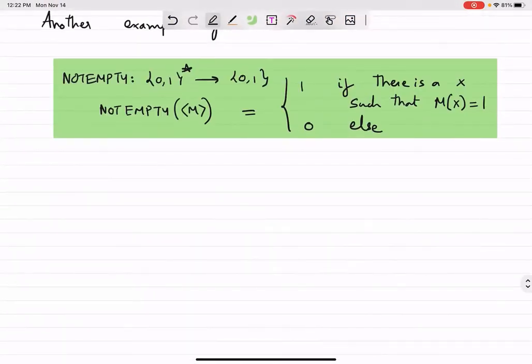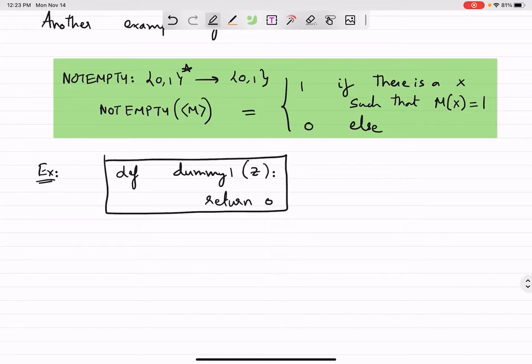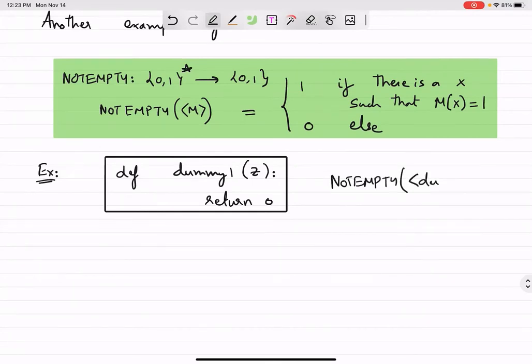Okay, so coming back. For instance, let's say my program is def dummy1 of x: return 0. What is not empty of dummy1? It would be 0, right? Because on every input, it's just outputting 0.